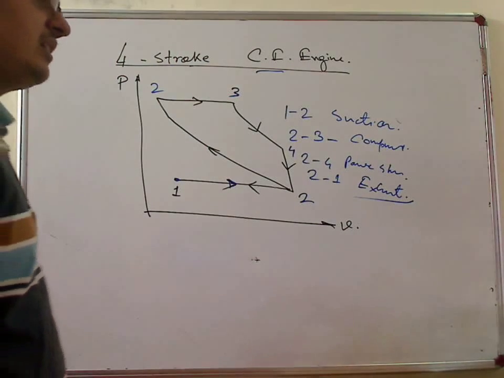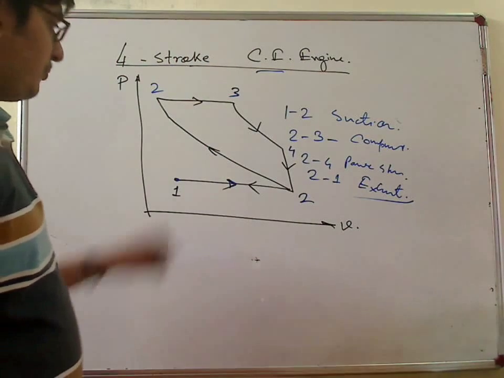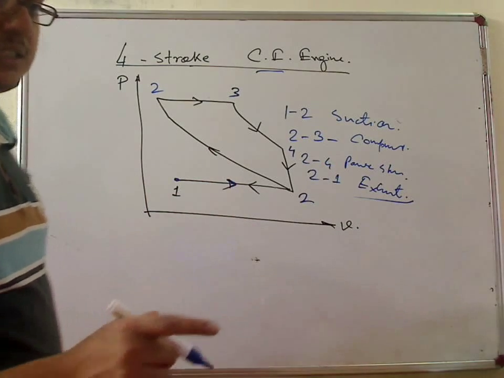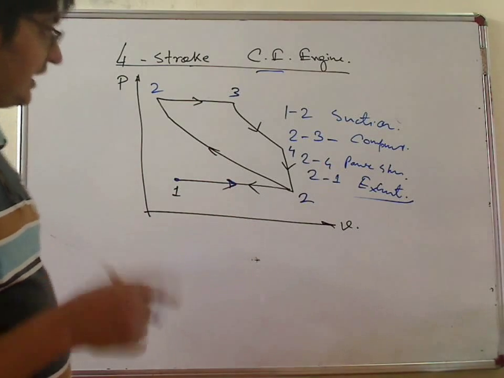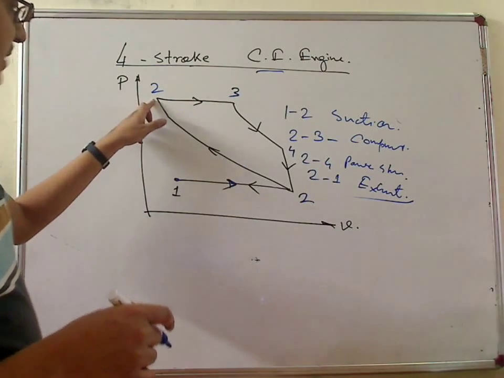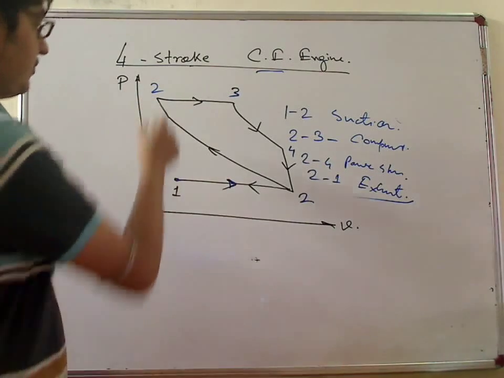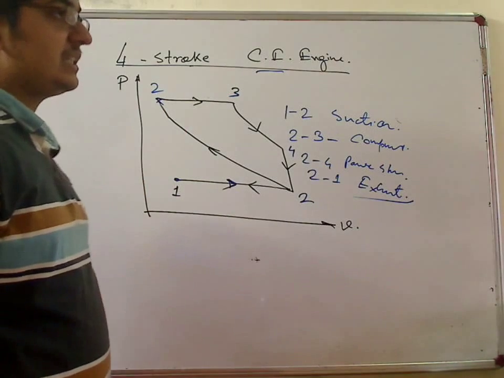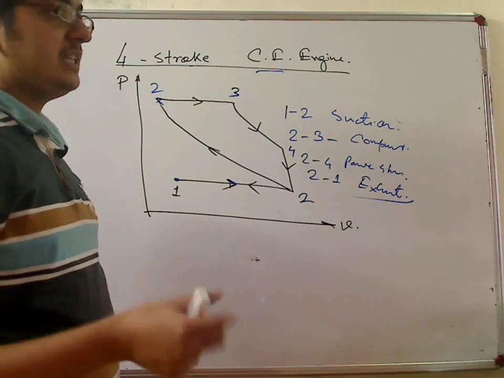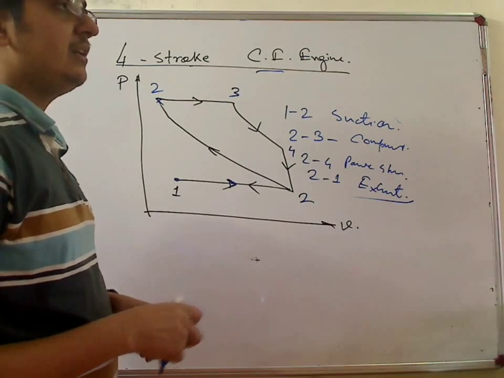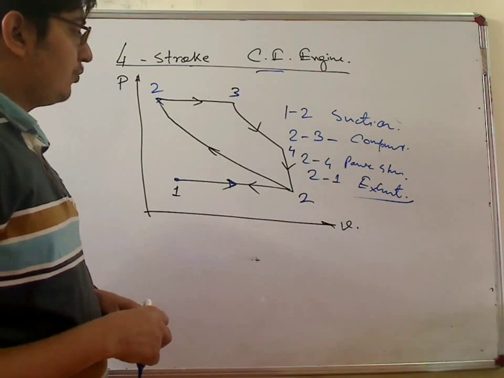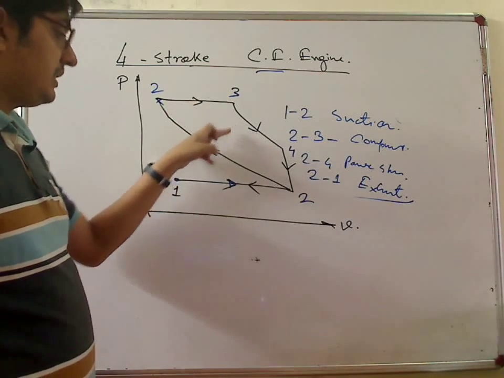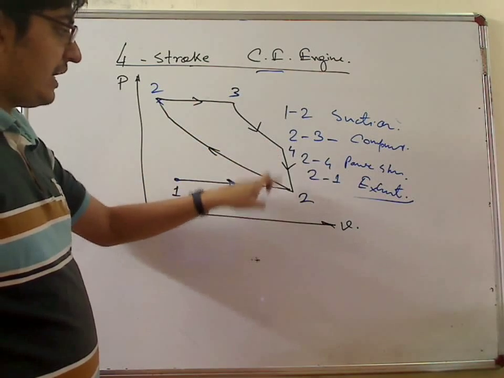With high compression, it first compresses only the air, not the air-fuel mixture. Then at high temperature and pressure, fuel is injected. So at this point, fuel injection occurs. After fuel injection, the temperature and pressure inside are high, so it burns the fuel automatically, which produces power in the piston. And then 4 to 2, the exhaust.